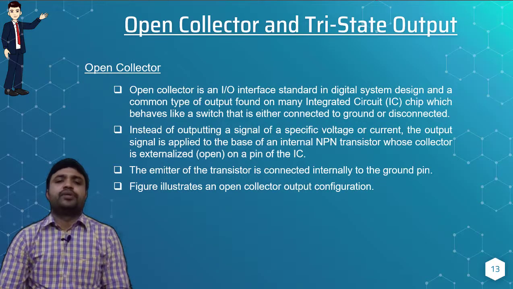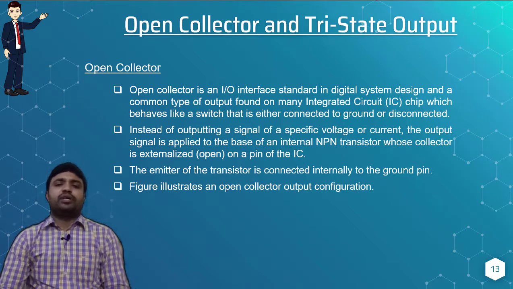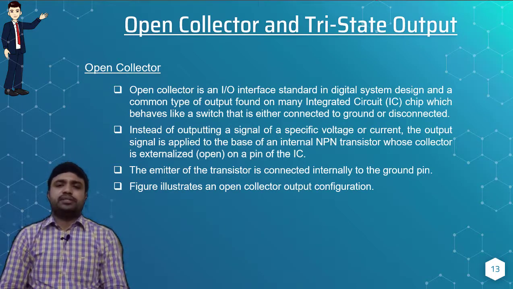Open collector is an IO interface standard in digital system design and a common type of output found on many integrated IC chips, which behaves like a switch that is either connected to ground or disconnected.